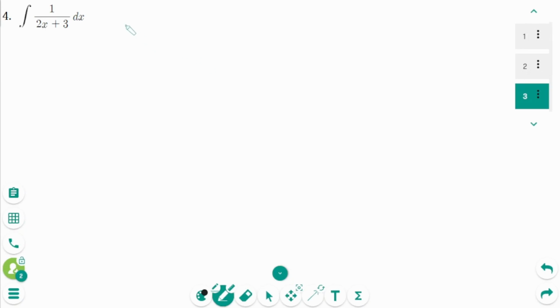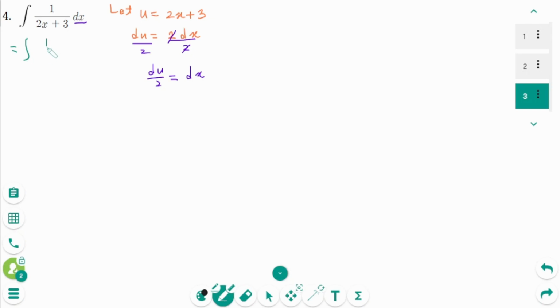Number 4, use u-substitution. Let u equal 2x plus 3. Then differentiate on each side: du equals 2 dx. There is only dx, so divide by 2 on each side: du over 2 equals dx. Now replace all x with u.